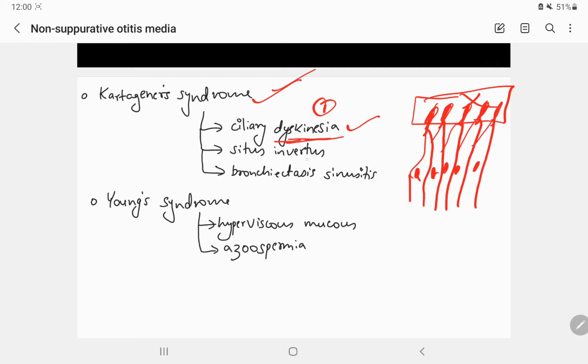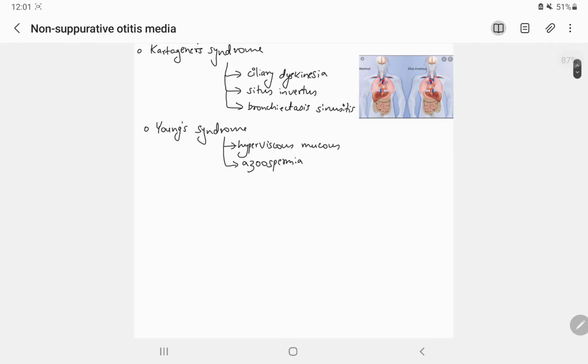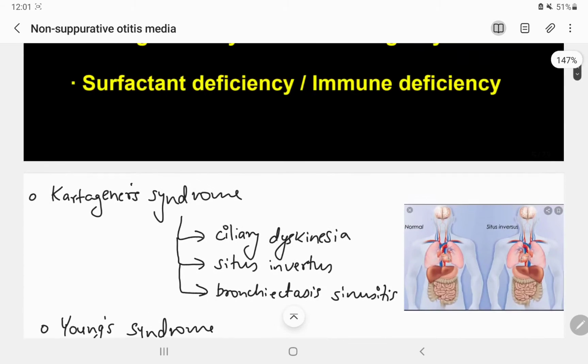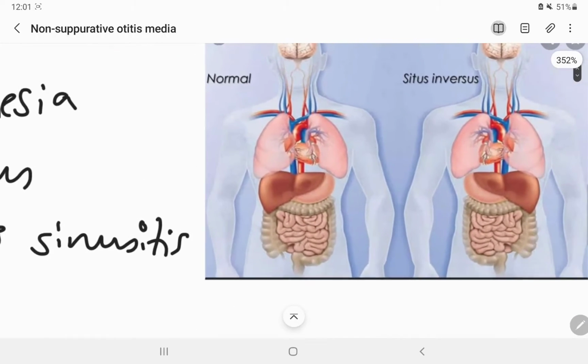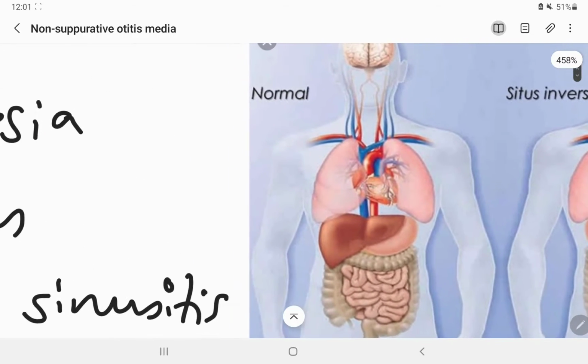Another is situs inversus. You may probably know this is a rare condition, not so rare, but it is rare, right? So what happens in situs inversus, let me show you a photograph. Normally, this is a normal human being, right?